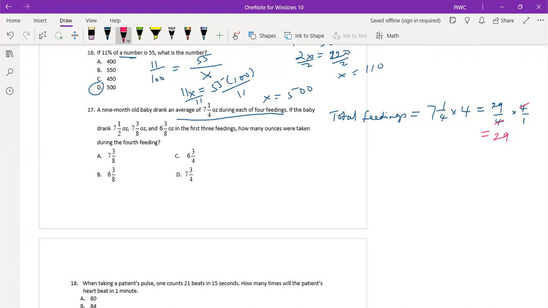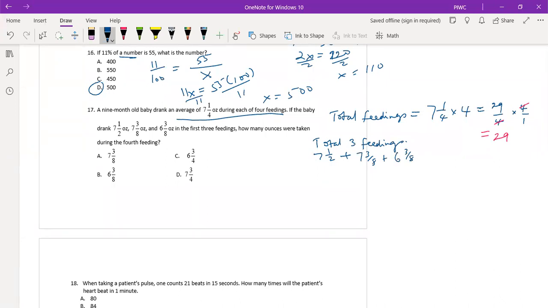So that's the total. Now the 3 feedings are given, so we can add them up to get the total of the 3 feedings. So the 3 feedings total will be equal to 7 1/2 plus 7 3/8 plus 6 3/8.